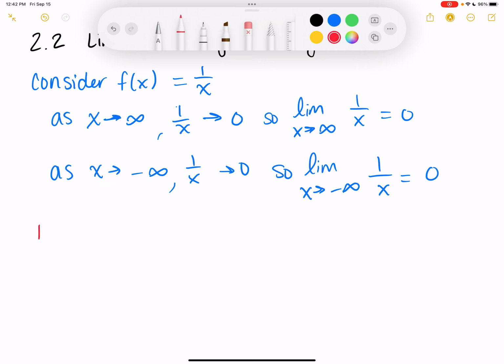Then the line, or here, this is the definition of a horizontal asymptote.